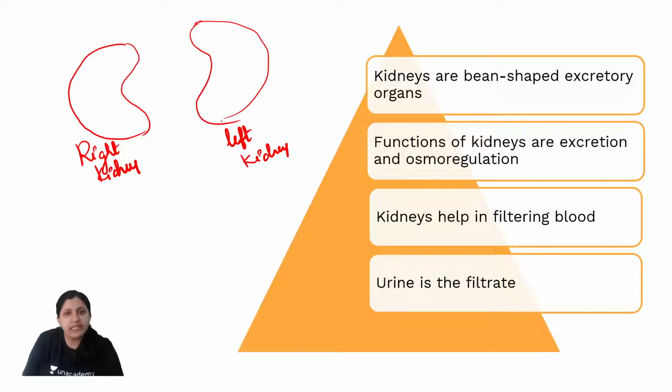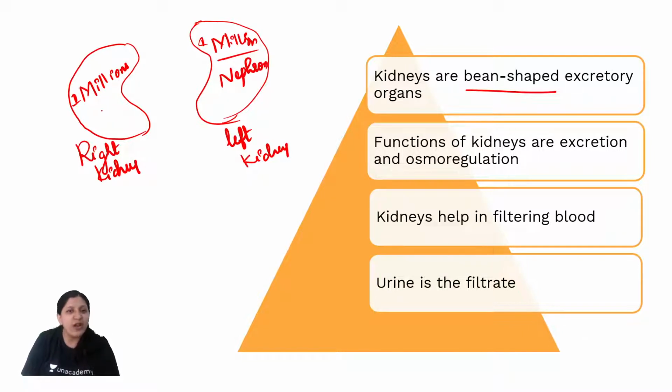So these kidneys are bean shaped excretory organs. What do they have? Millions of nephrons will be there in them, about 1 million in each kidney.